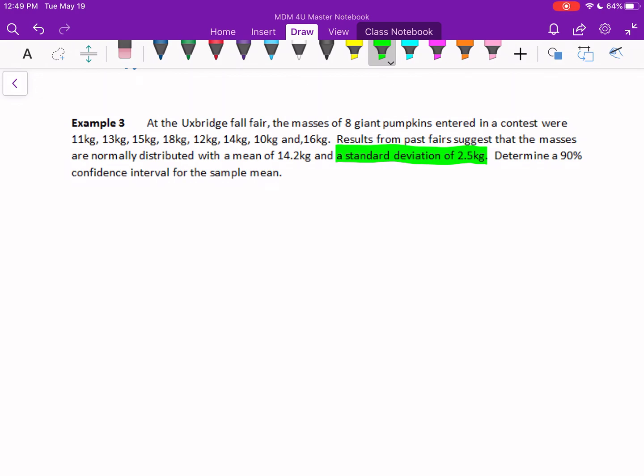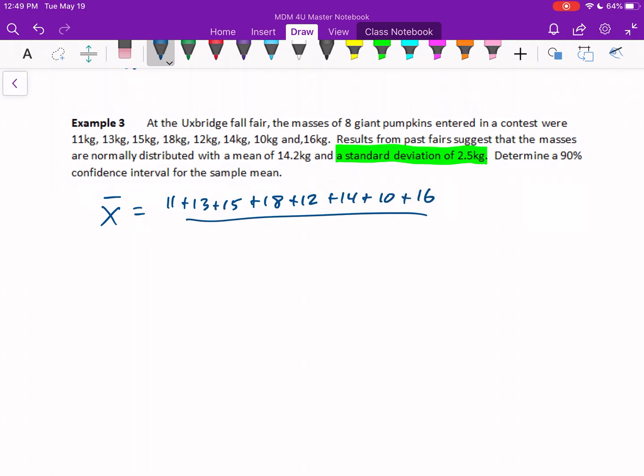I'm going to calculate my own mean here. I'm just going to add all these together the old-fashioned way. There are 8 pumpkins, so divided by 8, we get 13.6 kilograms.